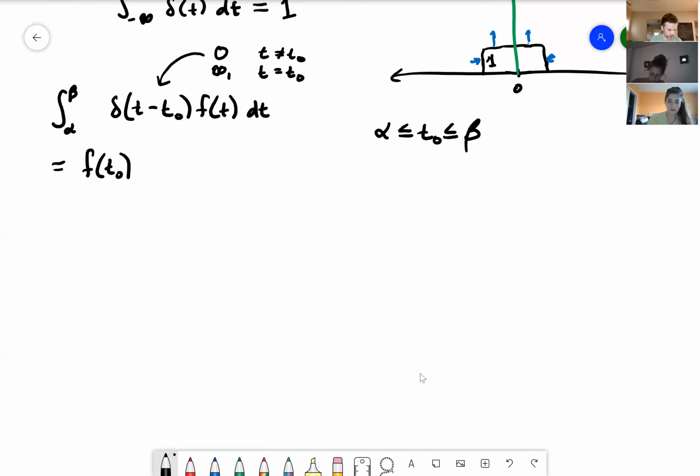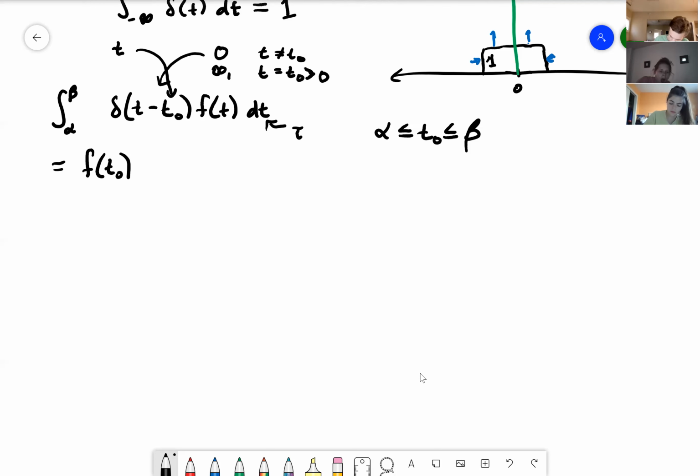So what I'm going to do is change things up a little bit. Since I'm going to be integrating the t away, I'm going to replace that with a tau. That'll be my dummy variable. And then I'm going to think of this t0 as being variable, so I'm going to replace that with t. And then I'm going to assume that our special value of t here, or tau in this case, is greater than 0.